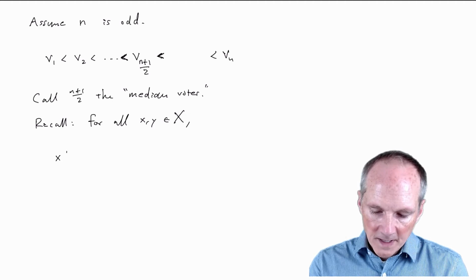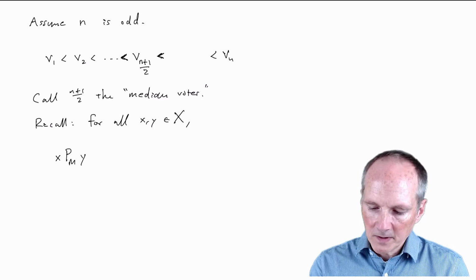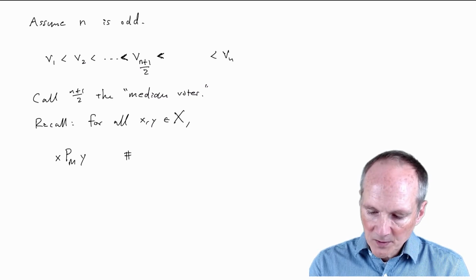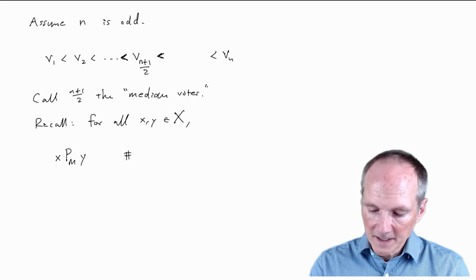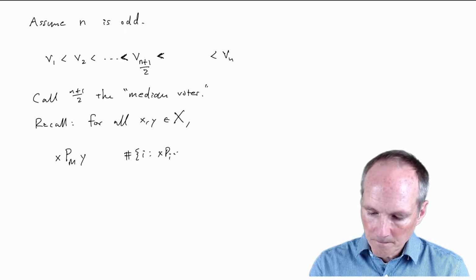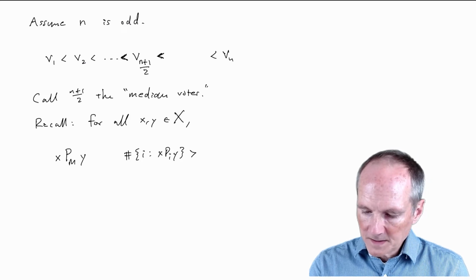And we'll say that x beats y in this majority vote if the number of people who raise their hands for x, that is, they strictly prefer x, exceeds the number of people who vote for y, meaning they strictly prefer y.